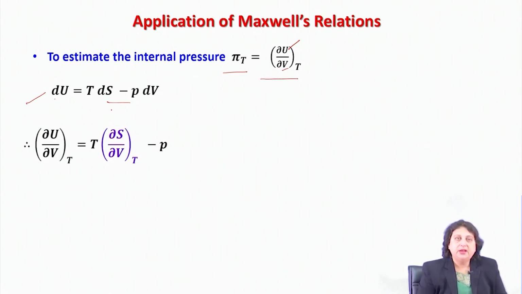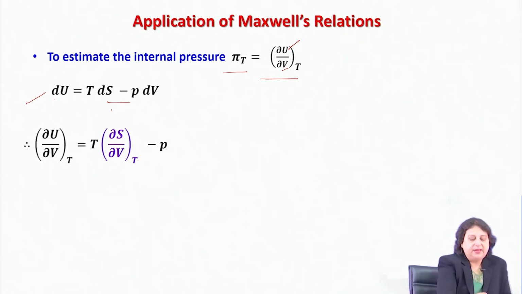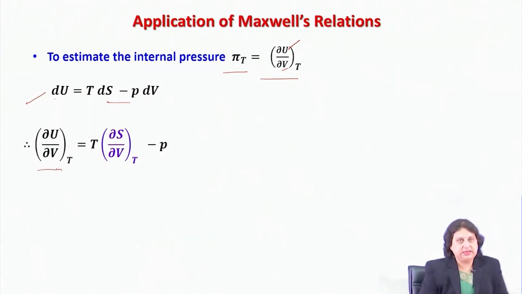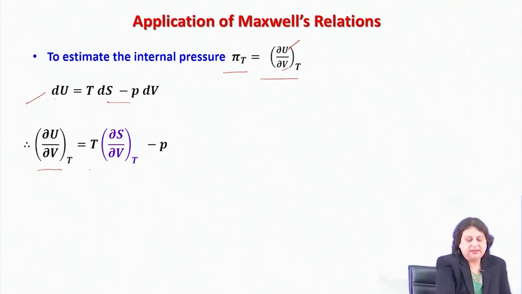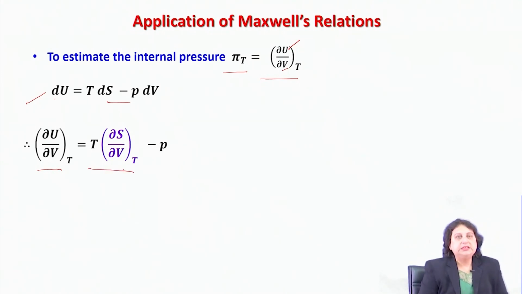So what do I have now on the left hand side of my equation? I have (∂U/∂V)_T, and now under constant temperature condition, the right hand side is given by T into (∂S/∂V)_T minus P. Now, can I use this particular relationship directly for a given system and find out what (∂S/∂V)_T is?